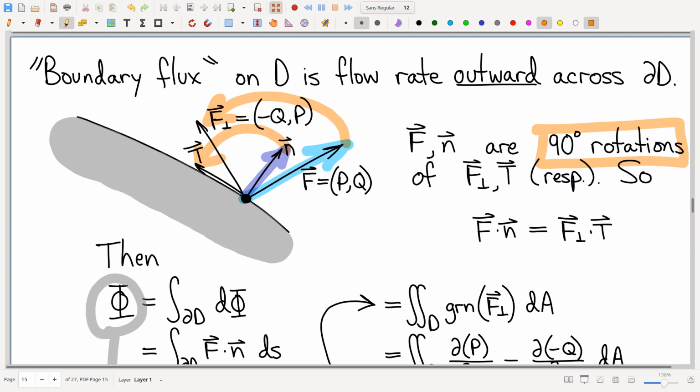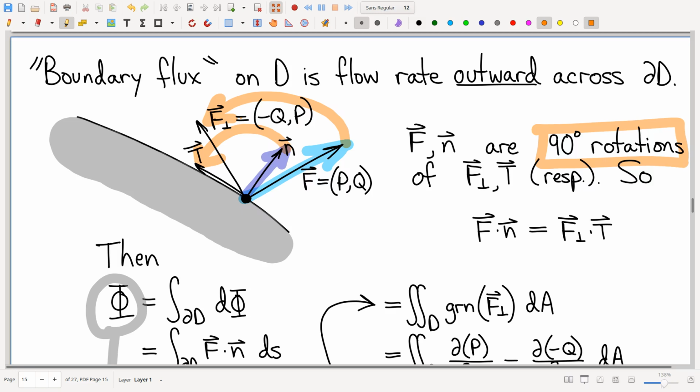If I have an outward normal and I rotate counterclockwise, I get, instead of a normal vector, a tangent vector. And furthermore, if I started with outward, not only will I get a unit tangent vector, I will get the correct unit tangent vector, because as I move in the direction of that vector, the region's on my left, as it's supposed to be. Right? So I get the correctly oriented unit tangent vector T.